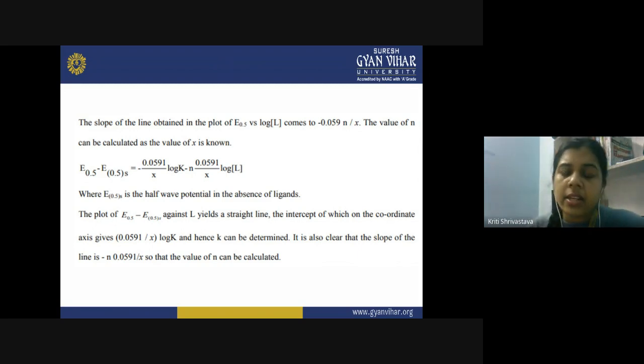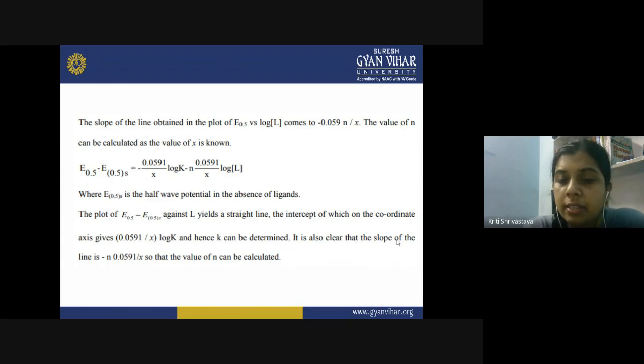So here E half is E half f. It is the half wave potential in the absence of ligand. Now when you plot the graph between E half minus E half s against the L, it yields a straight line, and the intercept of which on the coordinate axis gives 0.0591 upon x, that is log k, and hence k can be determined.